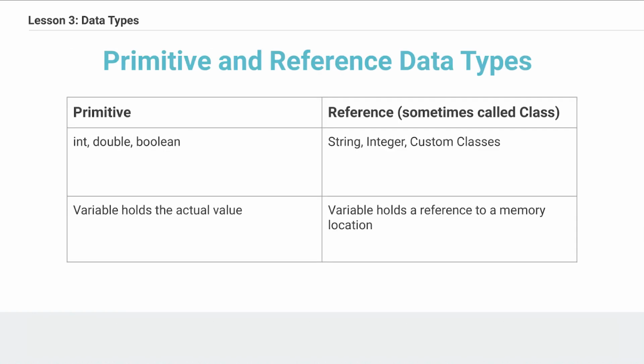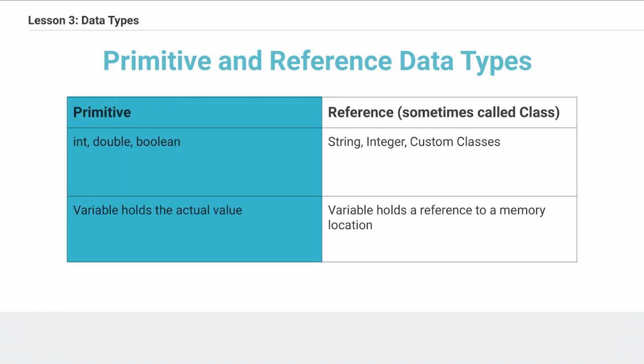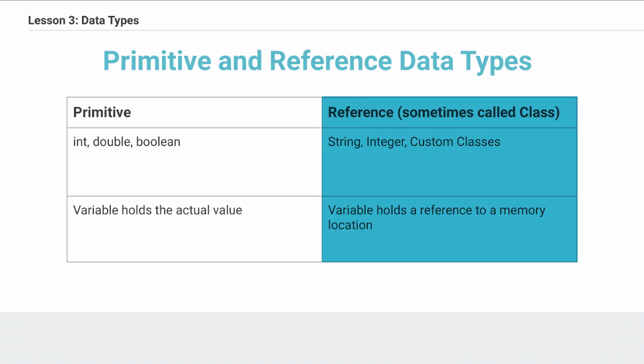So those are our primitive data types, and I wanted to go over quickly the differences between primitive and reference data types. For now, we don't have that many differences, but we're going to add to this as the class goes on. So our primitives, we have int, double, and Boolean, and our reference data types that you've seen, String you've worked with a lot, Integer you just briefly saw when we talked about max and min value, and then later you'll have custom classes you write yourself.